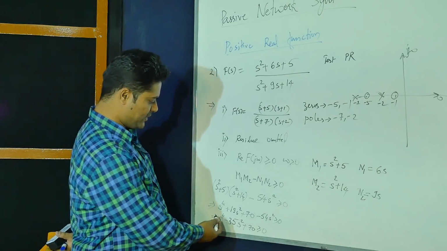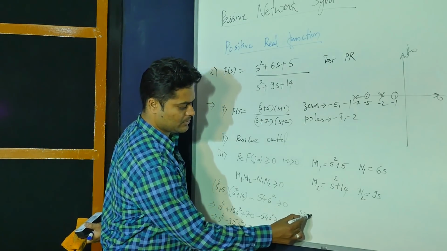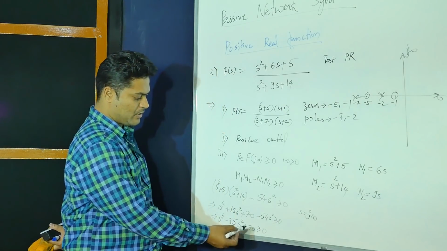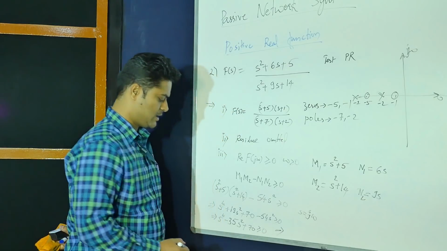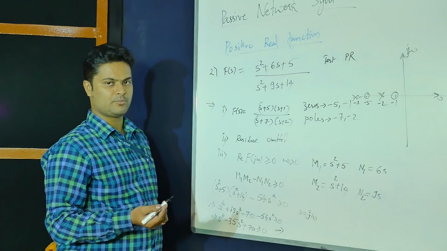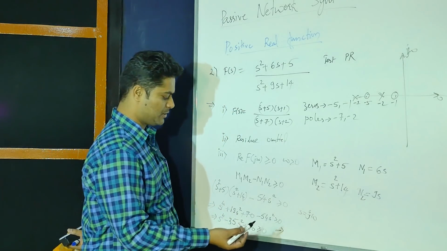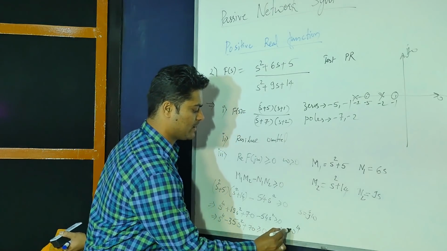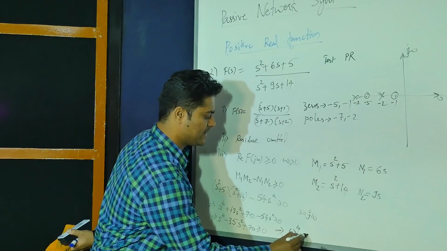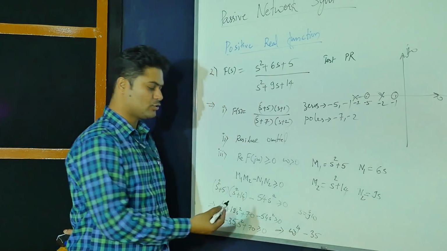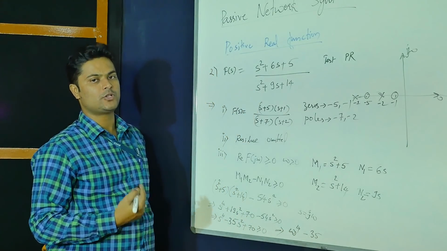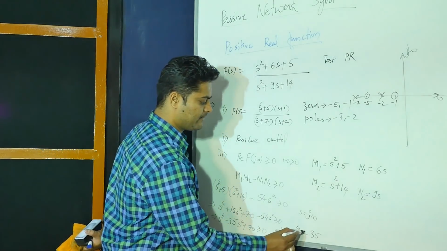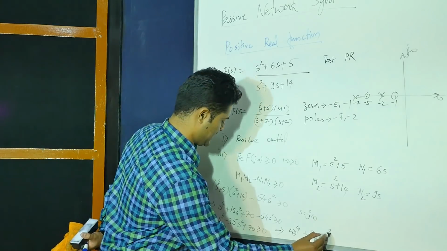Put s equal to j omega. When I put s equal to j omega, s to the power 4 leads to j to the power 4, which is positive 1, so omega to the power 4. Minus 35 s square, j omega squared gives minus omega square, so plus 35 omega square.